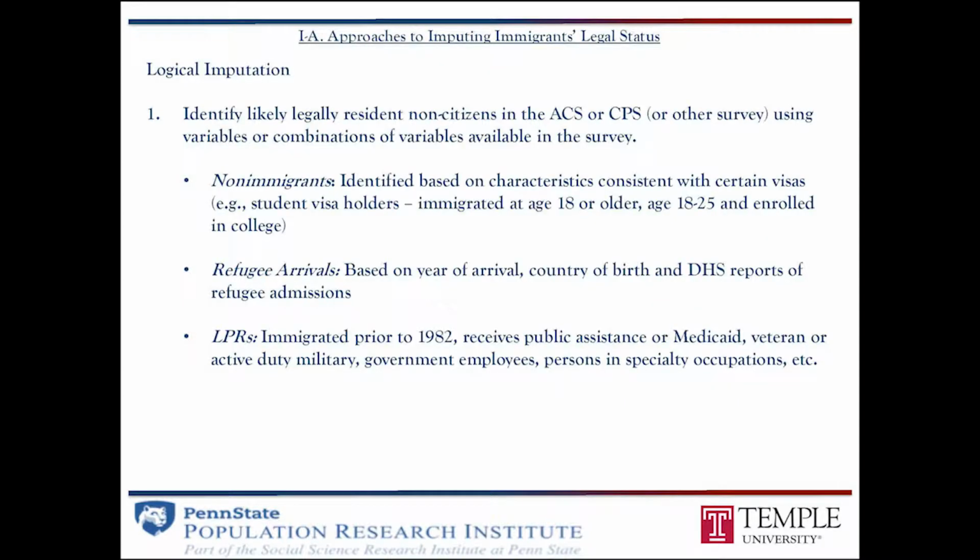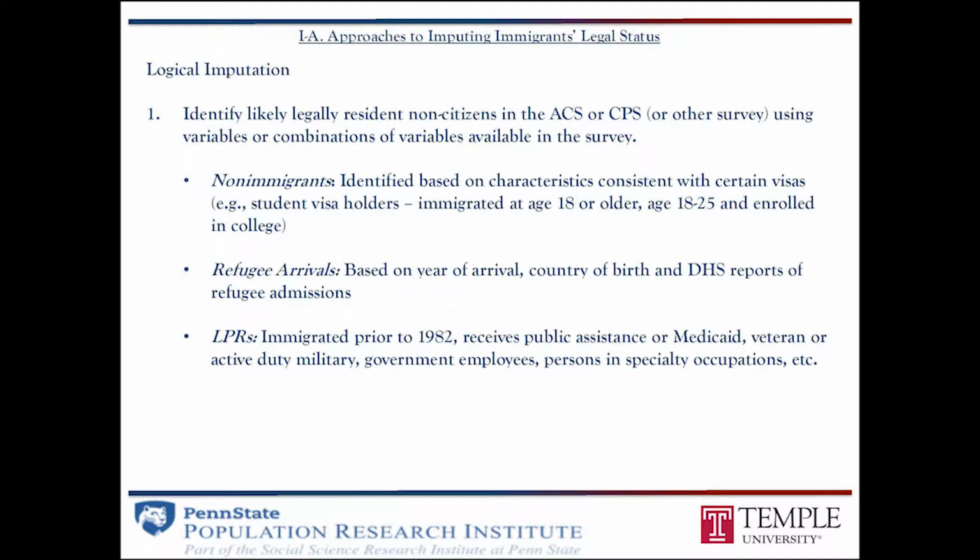Beyond estimating the size of a particular migrant population by legal status, that is, the number of people, we are also interested in immigrants' characteristics. Social scientists want to know information about different groups of immigrants, such as legal permanent residents, refugees, or undocumented migrants. One way of creating such a profile is through logical imputation.